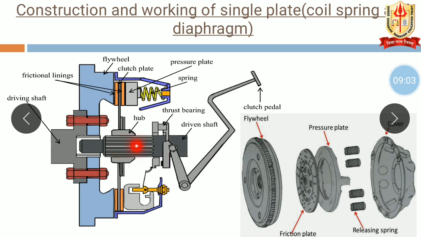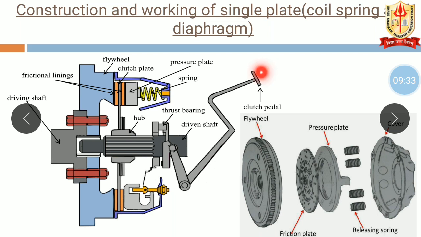When it moves backward, the pressure plate is going to remove the pressure, and the friction plate is going to be disengaged from the flywheel. This frictional lining is disengaged from the flywheel. In that condition we can change our gear.